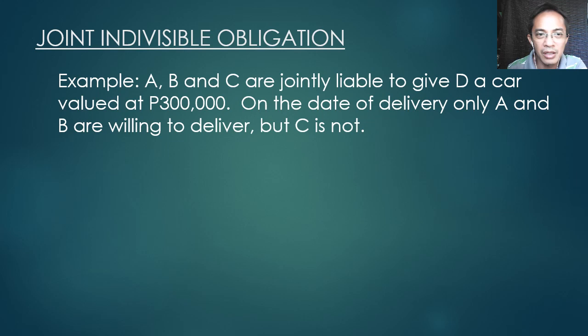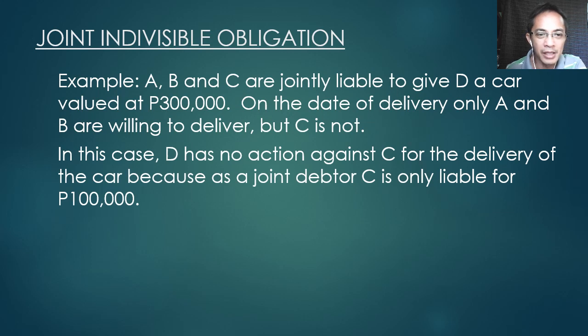So, they are liable only at 100,000 each. Kasi hindi naman ito solidary. However, on the date of delivery, si A and B are willing, but si C is not. Hindi naman pwede hatiin nila yung car sa 3 parts. I-deliver ni A yung part na proportionate na part niya, si B, and then si C wala. Hindi pwede yun kasi indivisible yung car.